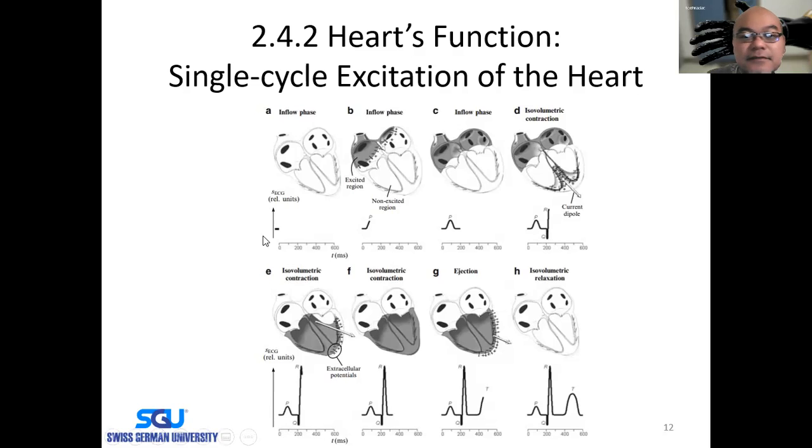When it starts, it is in the relaxed state. Afterwards, blood flows to the atria, the upper chambers, both atria, from the pulmonary circulation as well as the systemic circulation.